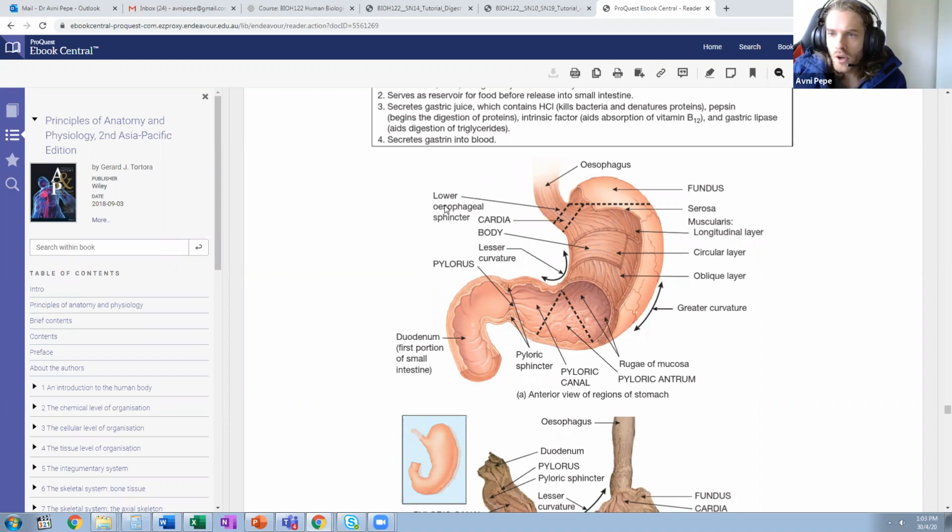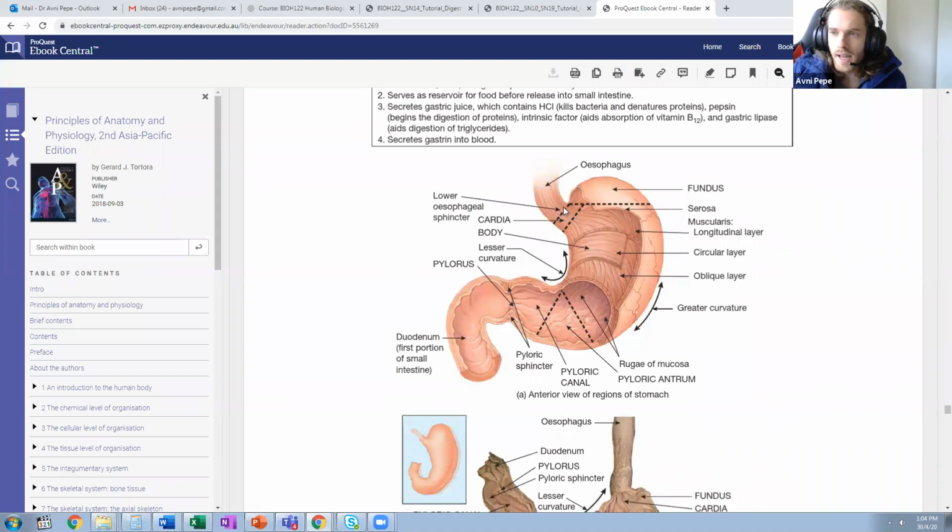There's a lower esophageal sphincter at the very inferior part of the esophagus. This will close and prevent reflux of gastric secretions up into the esophagus, which can actually damage the esophagus. If that's happening, we call that heartburn.